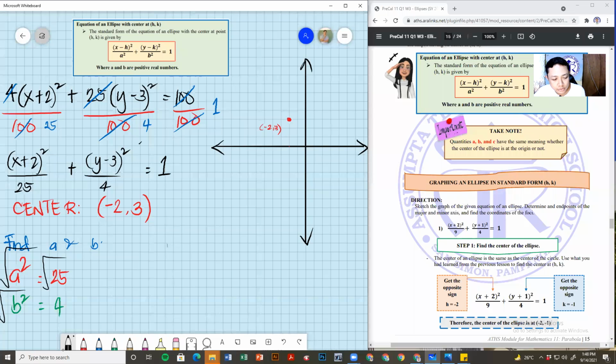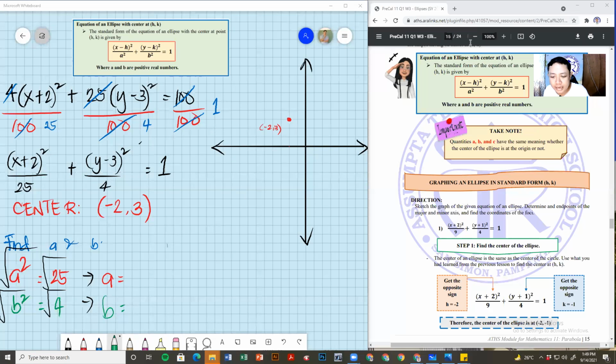we will have a is equal to... Type in your chat box, what are the values of your a and b? Type them respectively. What is a and what is b? Let's see. Okay, keep the answers coming.